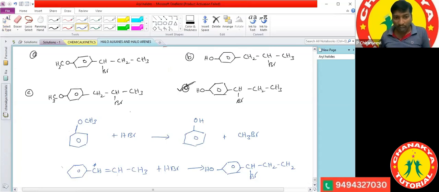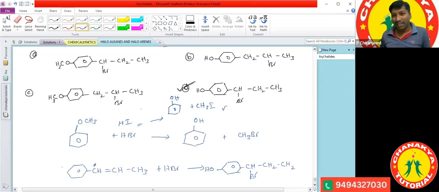If you take hydrogen iodide in place of hydrogen bromide, then hydrogen is attached to the phenoxy group, that means OH, plus it is converted into methyl iodide. In the alcohols, phenols, ether chapter, we have a reaction with hydrogen iodide. There you will get this. That link they had given in this question.